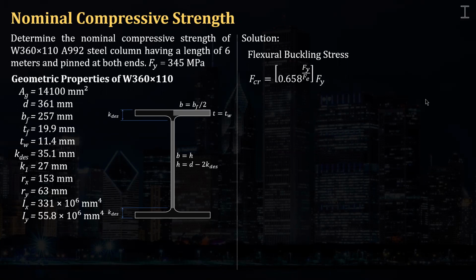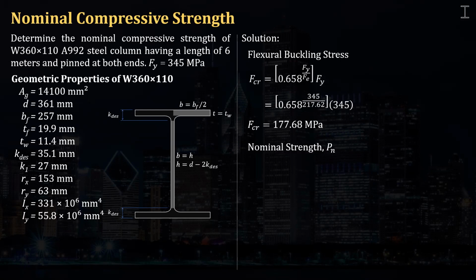Again, using this formula, since KL over r is less than 4.71 square root of E over Fy, substituting this, 0.658 raised to the ratio of 345 over 217.62 times Fy, which is 345, that will give us 177.68 megapascals.